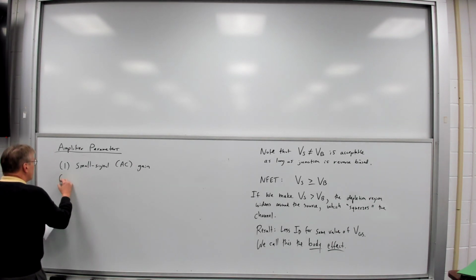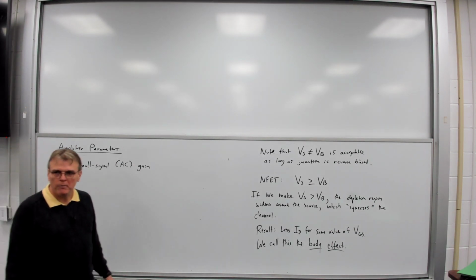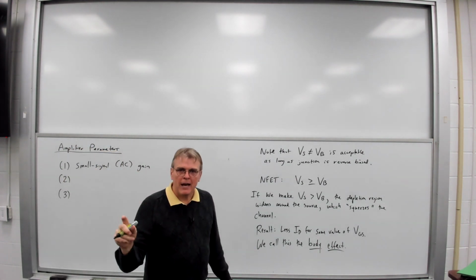But there were two other parameters we talked about last time when we did our first simple example: input and output resistance.